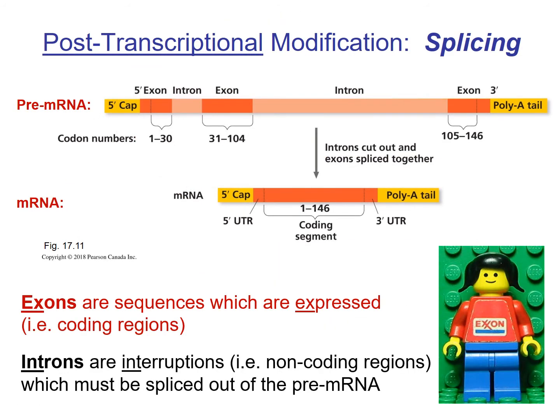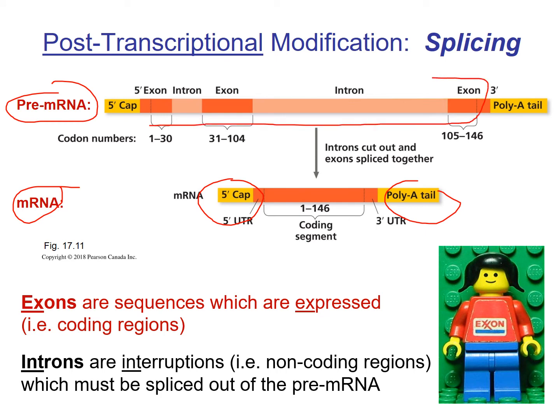So there is our RNA, and you can see the next thing that happens is something called splicing. So take a look. There's the pre-messenger RNA up at top, and then we have our messenger RNA. So we've got our 5' cap, we've got our poly A tail, but notice the coding sequence here goes from being something very long to something being much shorter.